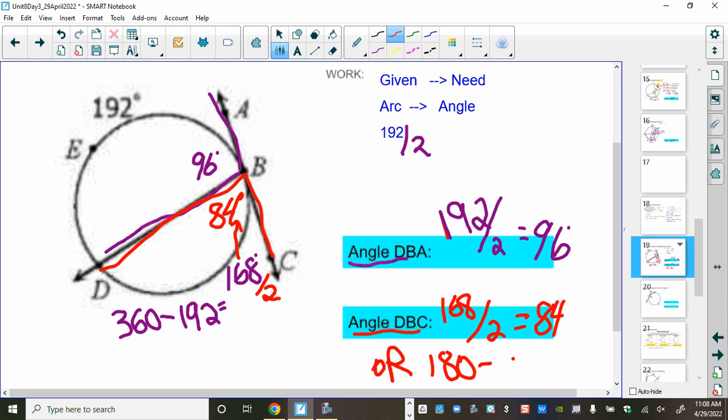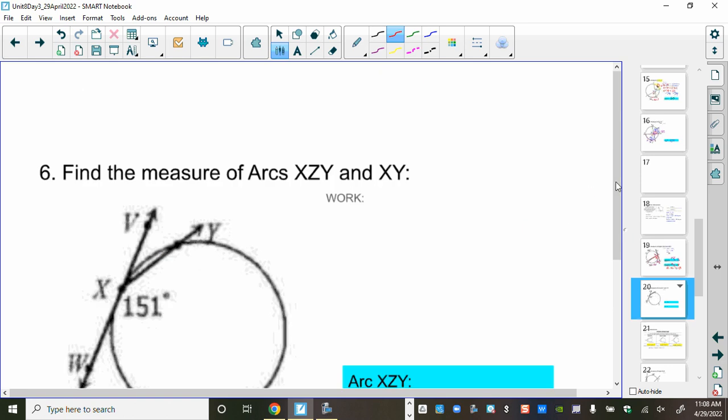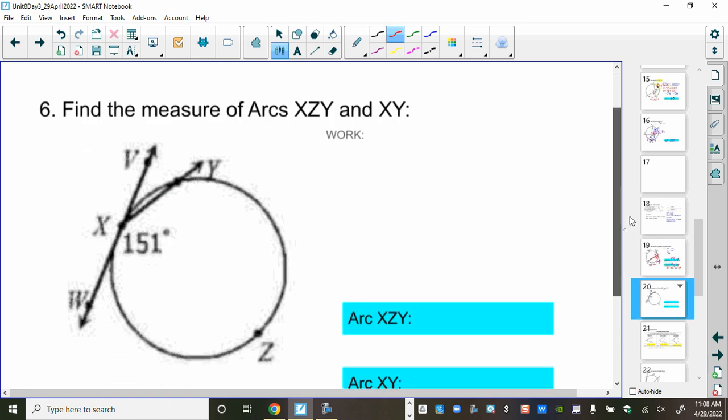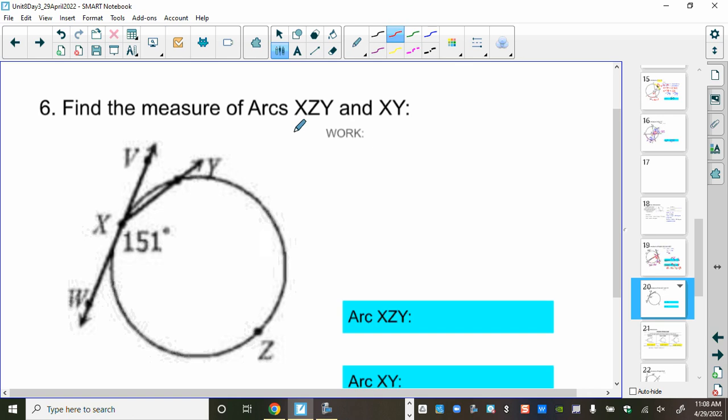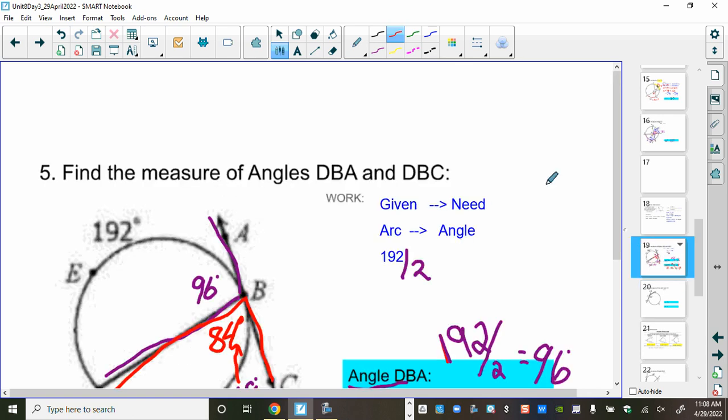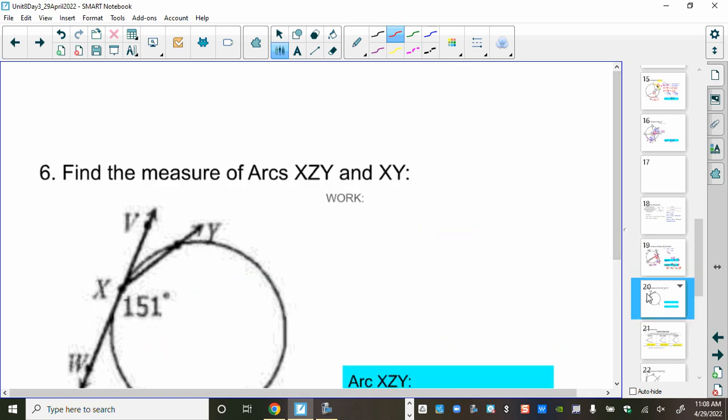All right. Now, I'm going to do a quick sum up. Definitely bring these notes back next time. But here's a couple quick things. Problem 6 is very similar to problem 5. Basically, you can do the same thing.